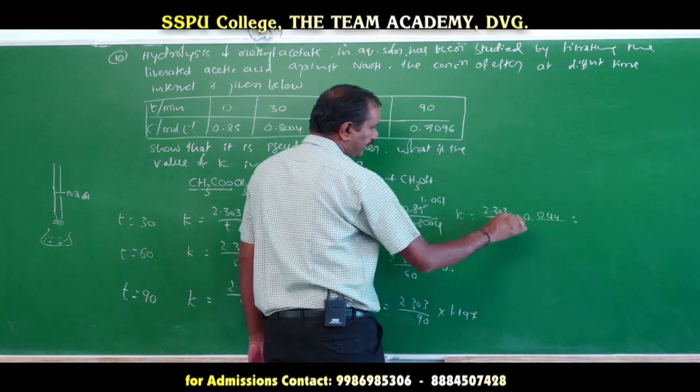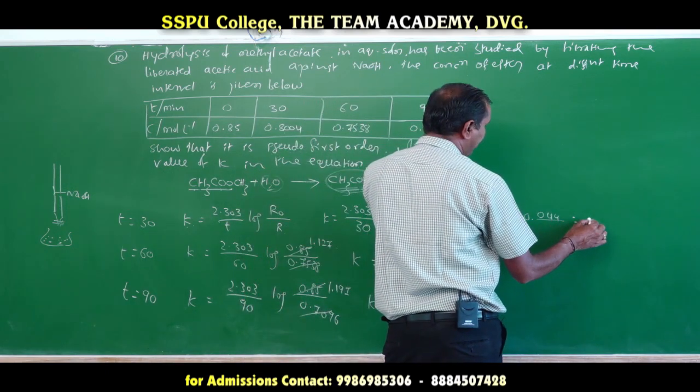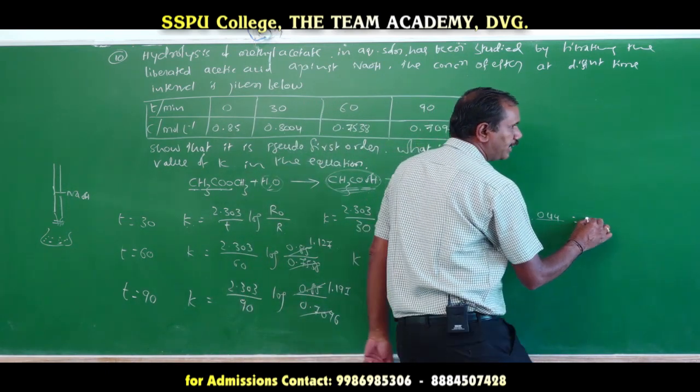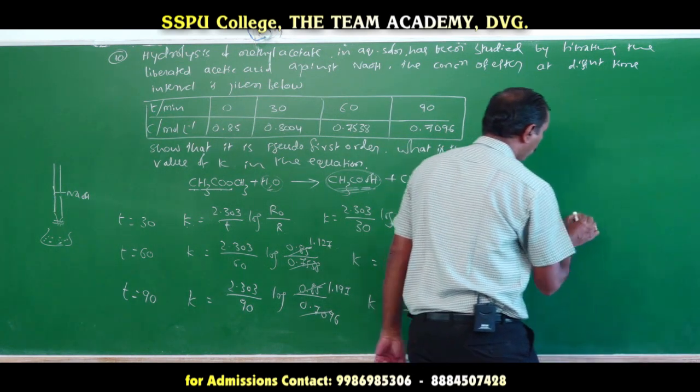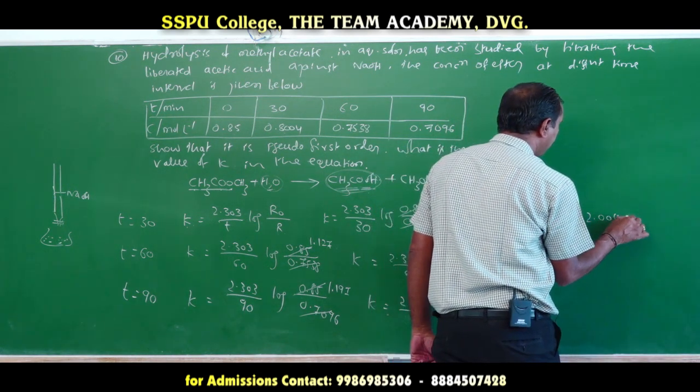If you multiply these and divide by 30, finally we may get 2.044 into 10 to the power of minus 3.